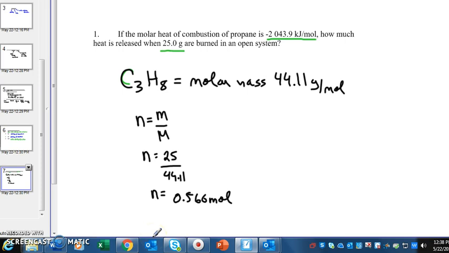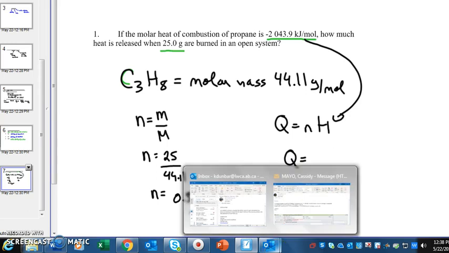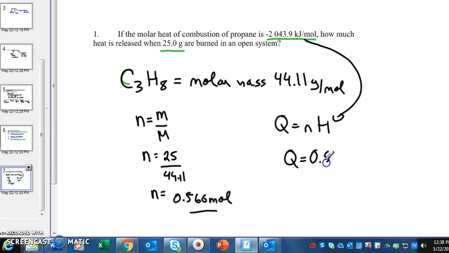Lastly, we just want to figure out how much actual energy, how much heat is being released. Q is equal to nH. Well, we know the H value here, and we know the number of moles. And so this is just going to multiply 0.566 by the 2043.9 kilojoules.